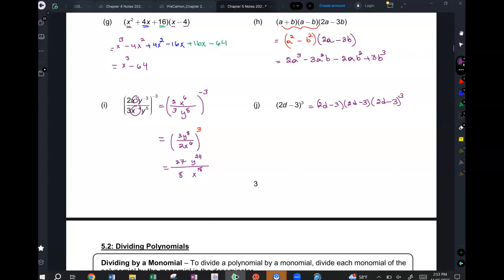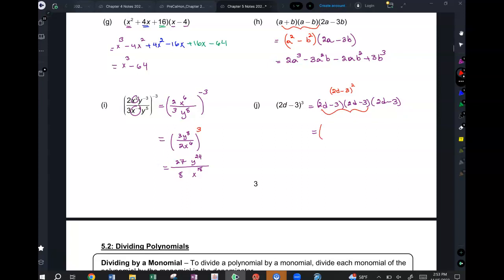Okay, so look, I'm going to do these two. So what is that? That's really 2d minus 3 squared, right? I'm going to do the shortcut because we're in Algebra 2 Honors. We got to do the shortcut. So how does that work?